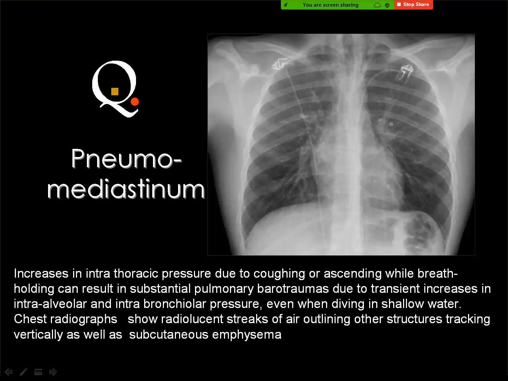Then you look for the other sign, the continuous diaphragm sign, because you cannot see air actually in the mediastinum because of the adjacent lung. But if you want to diagnose pneumomediastinum easily, look at the neck of the patient. If you see linear air shadows alongside the trachea, then you should think of pneumomediastinum.